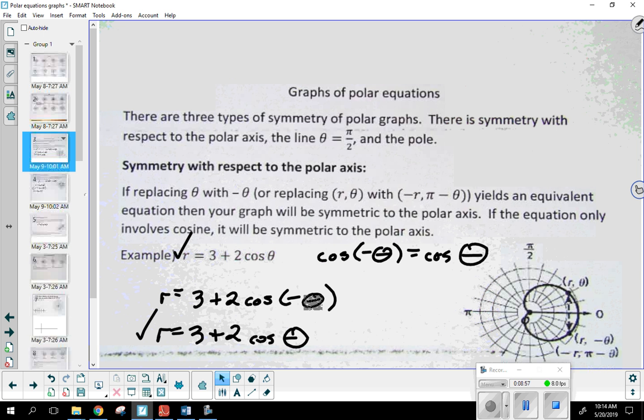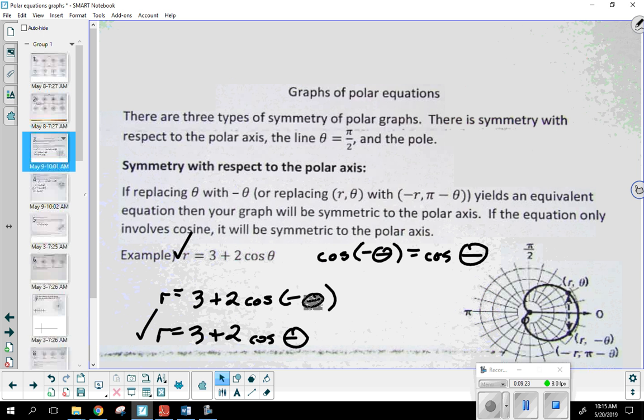And in fact, a lot of these graphs may have symmetry with more than just one. You may see it symmetrical to both the polar axis and theta equals pi over 2 at the same time. In fact, you see a lot of that happening with roses. All right, so any questions about symmetry? Okay, no questions?